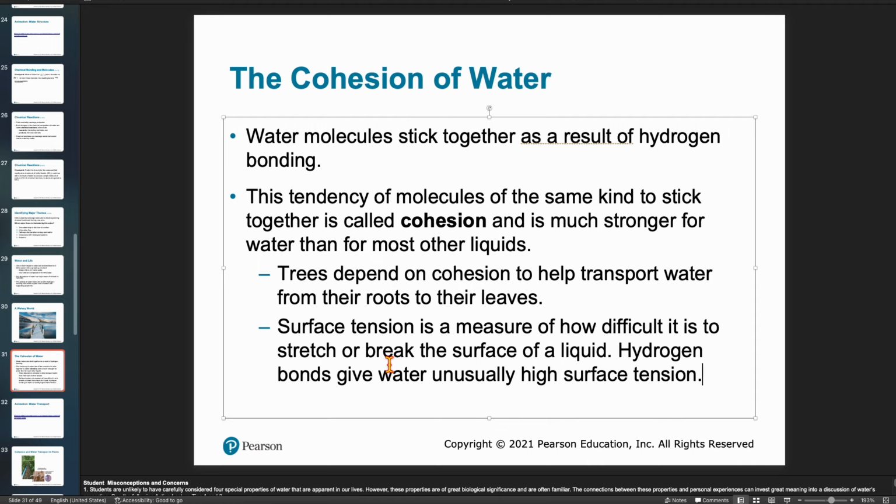Now, why do we have that as a special property for water? That's because if water easily boiled and easily changed state from liquid to gas, even the slightest fever would provide enough energy for the water in our body. Remember, I just told you a moment ago, a big chunk of our body is water.